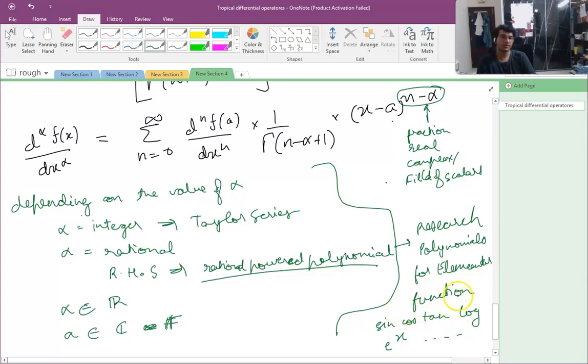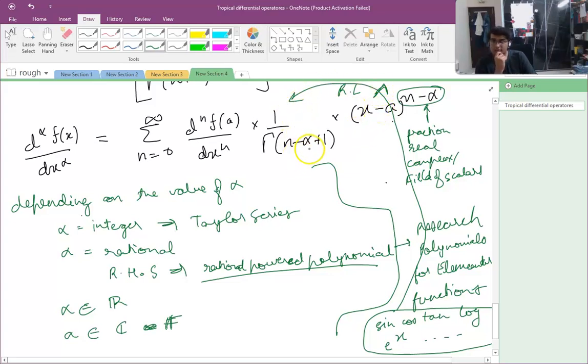You can apply your fractional derivative on all of these, and instead of computing them via the regular RL method, you can try out this method of using the Taylor series to approximate it, and study the polynomials you get.